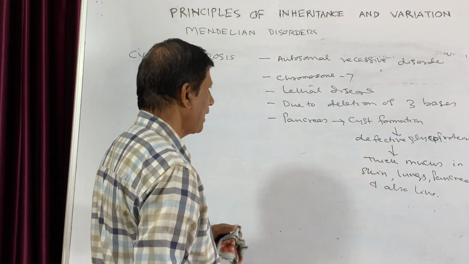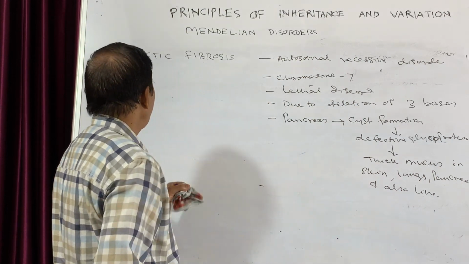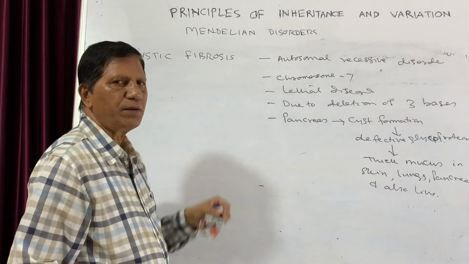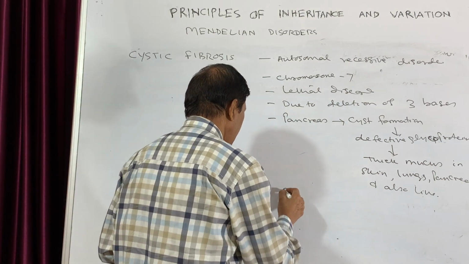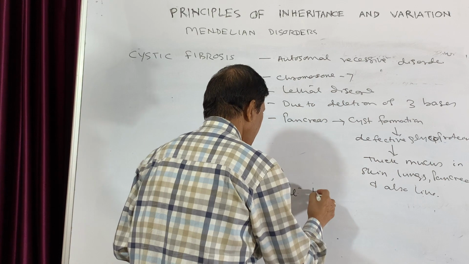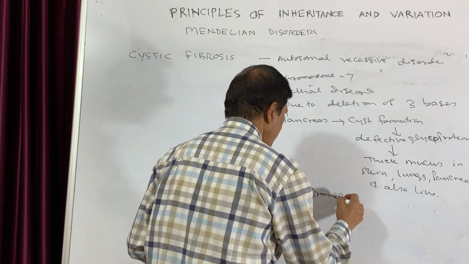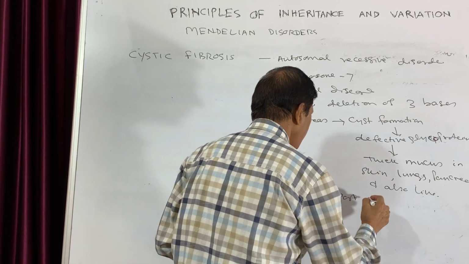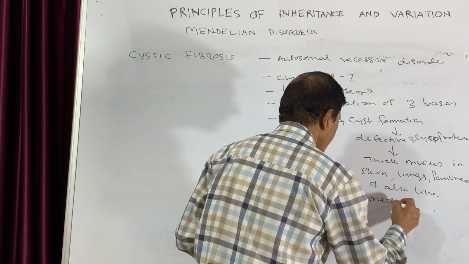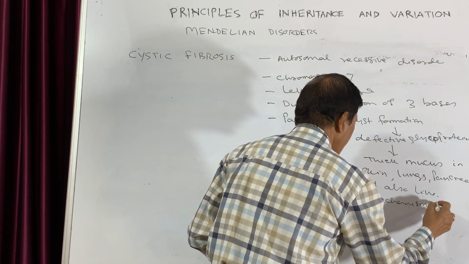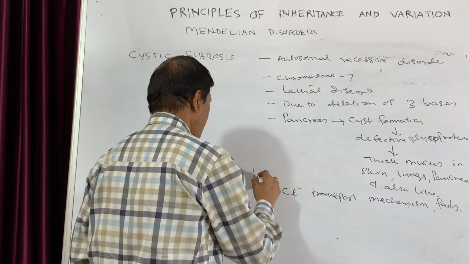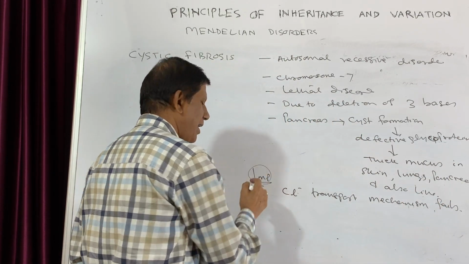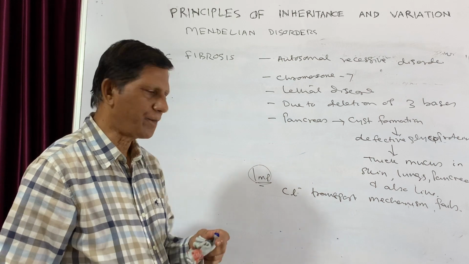And another important thing, the person who suffers from cystic fibrosis, the main defect is that the chloride transport mechanism fails. This is very, very important. And as a result of this, what will happen?